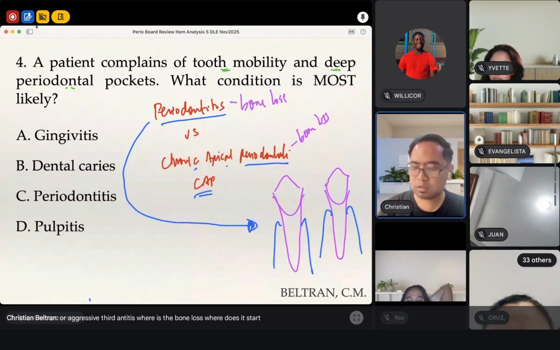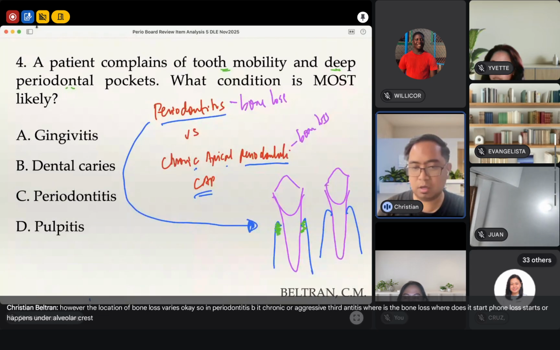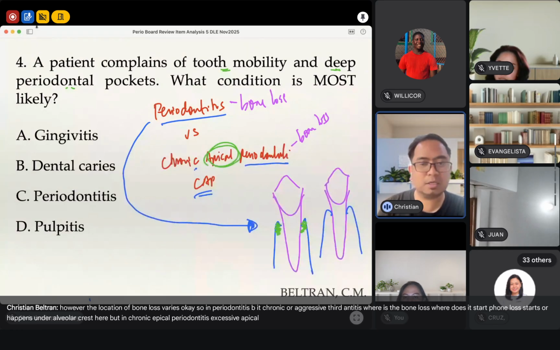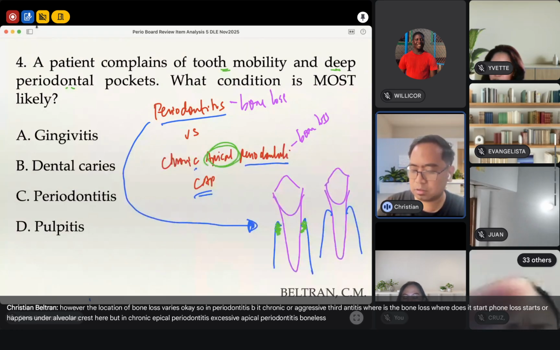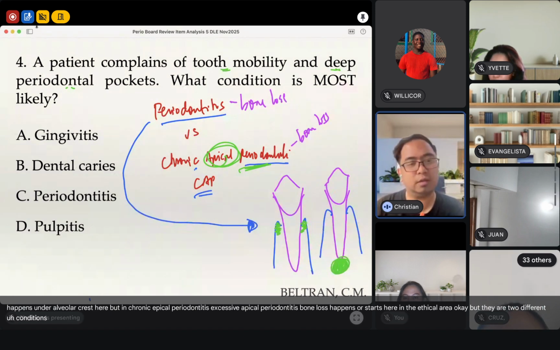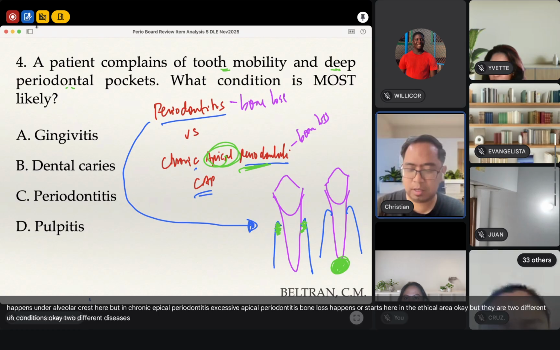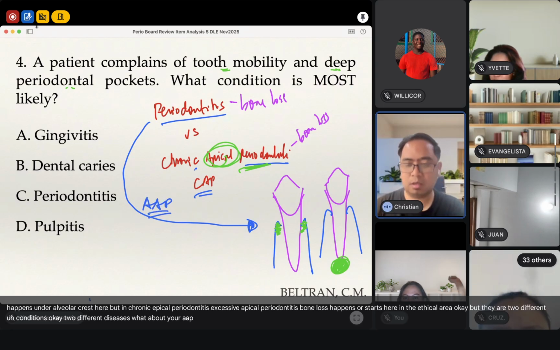Where does it start? Bone loss starts or happens on the alveolar crest. Diba? Bone loss is here. But in chronic apical periodontitis, bone loss happens or starts here in the apical area. Okay, but they are two different conditions. Okay, two different diseases. What about your AAP?